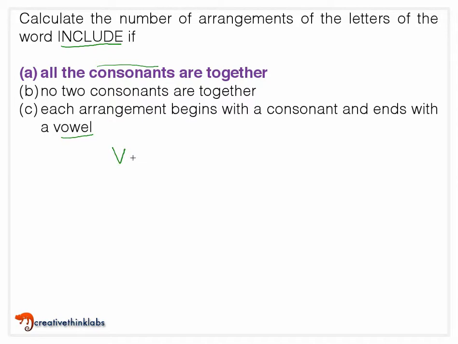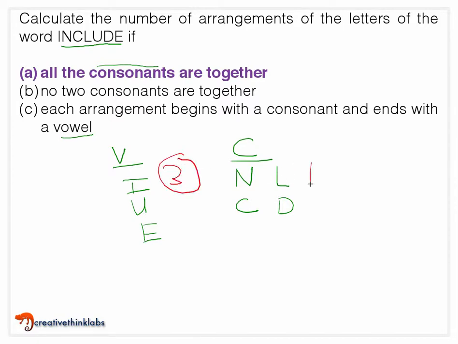If I have a vowel and a consonant, there are 3 vowels, I, U, and E, and I have 4 consonants, which are N, C, L, and D. Okay, so there are 3 vowels and the rest are all consonants.